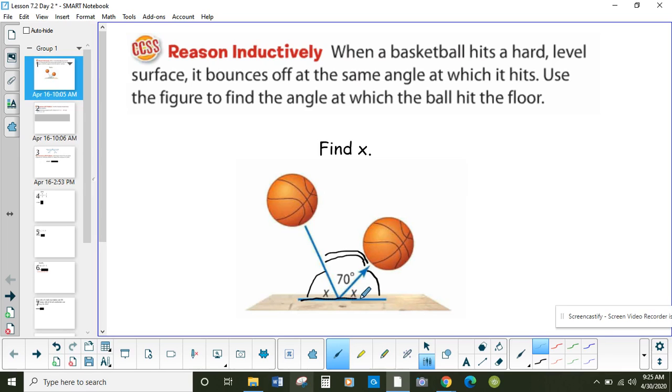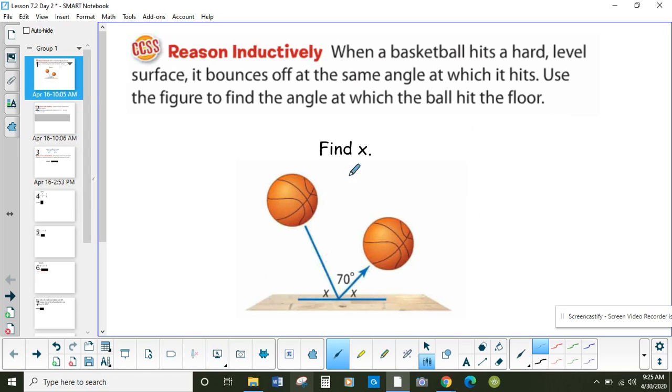So that's like they're supplementary, but we wouldn't actually call these supplementary angles because supplementary angles are two angles that add up together to equal 180. So when there's three, technically you wouldn't say they're supplementary angles, but it's the same idea.